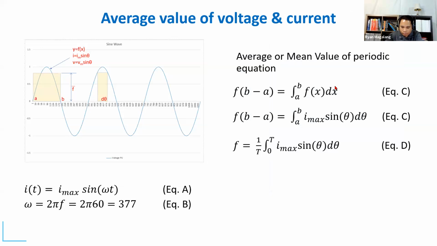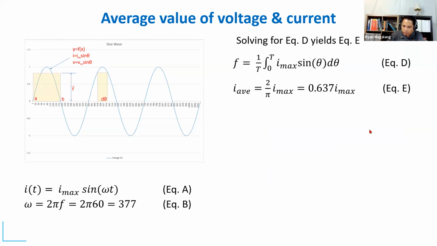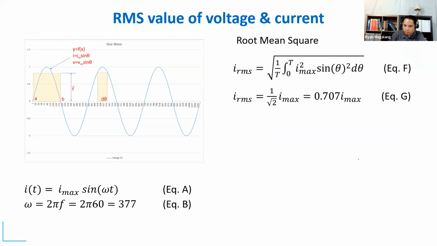We know that this is a periodic function, and that the average is this. Under root mean squared, we also know the value to be 0.707 or 1 over square root of 2.